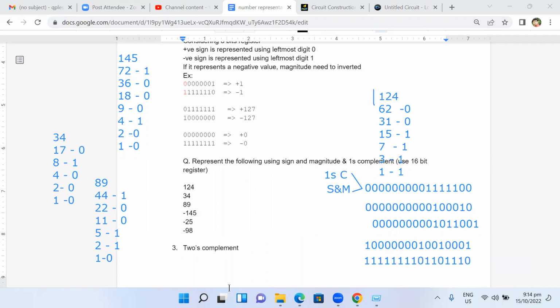The first one is sign and magnitude, and the second one is one's complement, and these are the ways of writing these numbers. This is actually minus 145 in sign and magnitude, and this is in one's complement. So understand the difference. In sign and magnitude, you write the sign minus the magnitude as it is, but in one's complement, the value is inverted.